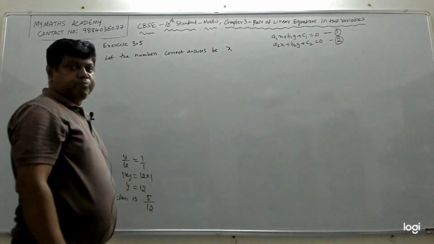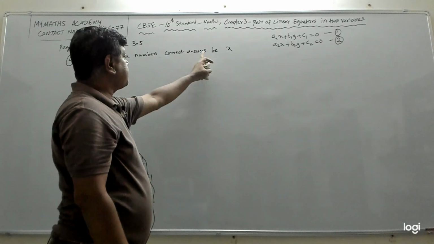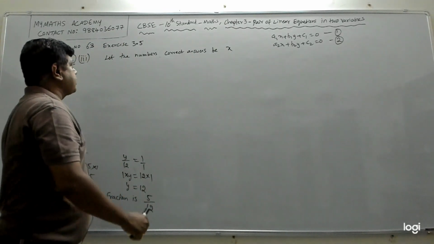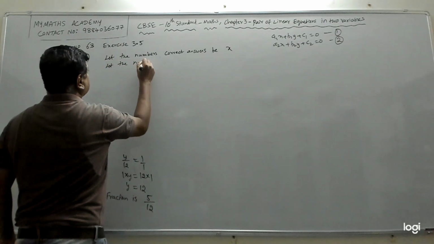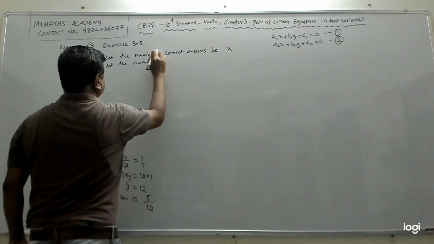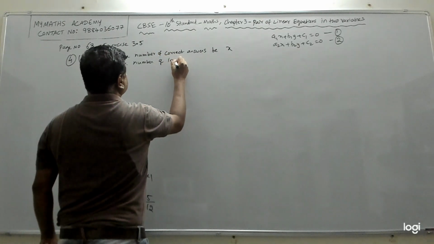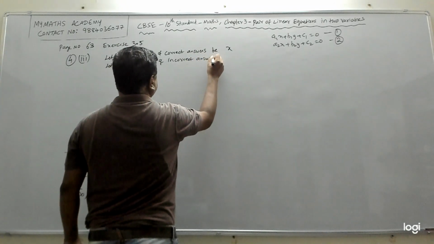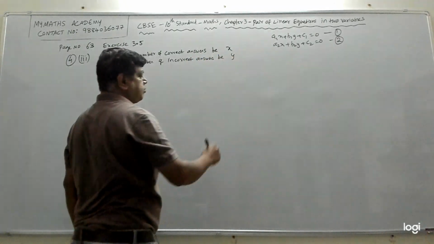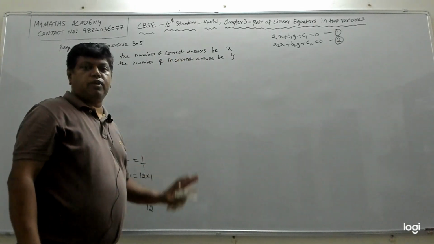So in the test of some questions he has written x questions, correct answers are x. Let the number of incorrect answers be y. So he has answered all the questions.